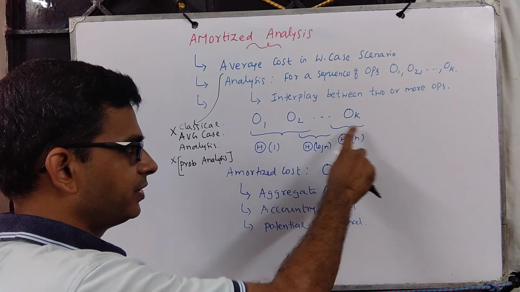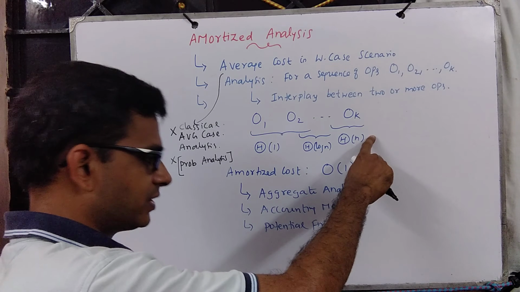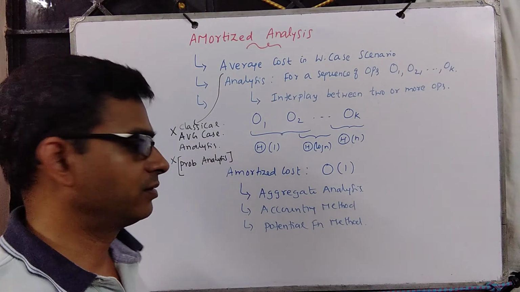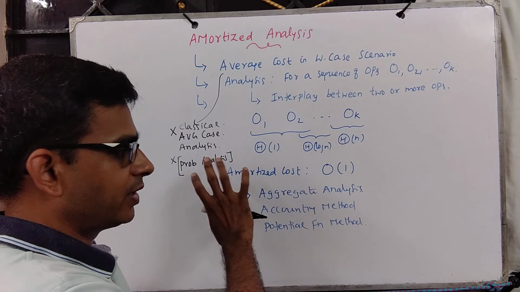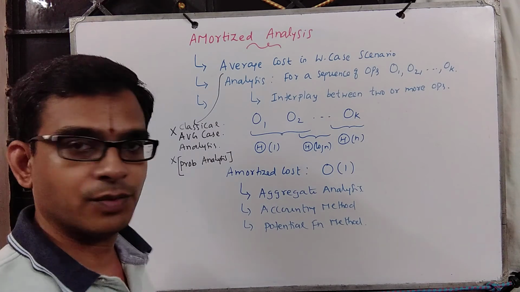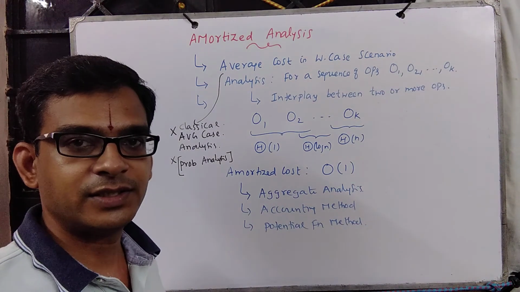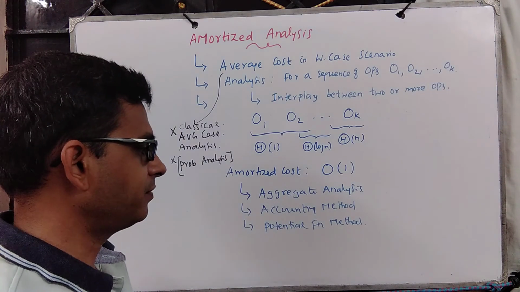So we fix the input sequence, we still focus on the worst case cost of each of them, but the way we see it is different. So although we say averaging argument, we don't bring all possible inputs and there is no probability involved. It is still worst case analysis, but from the average case perspective.